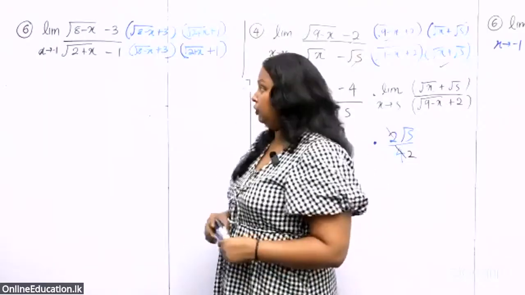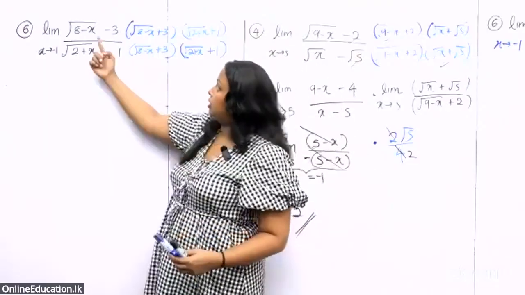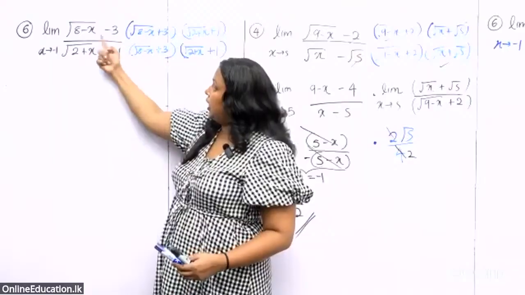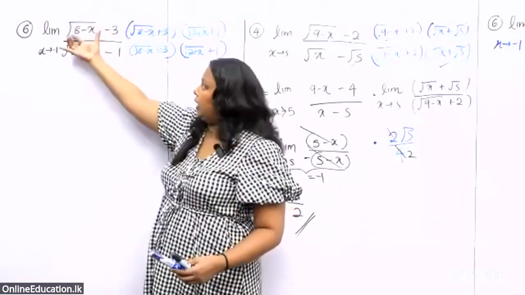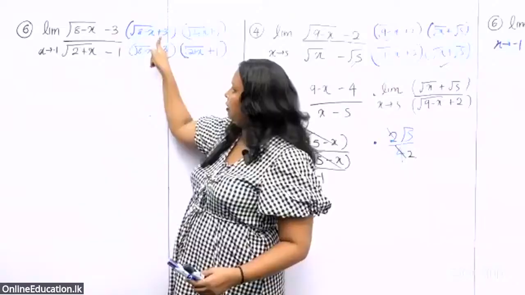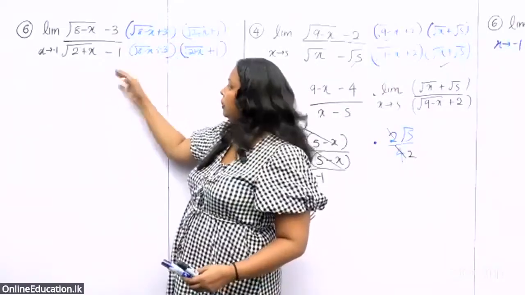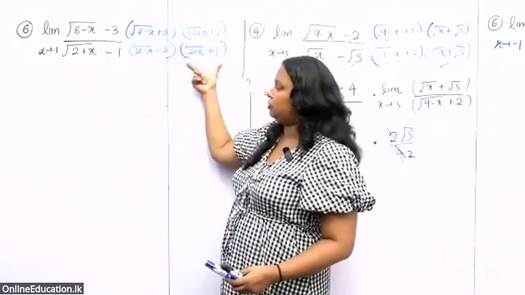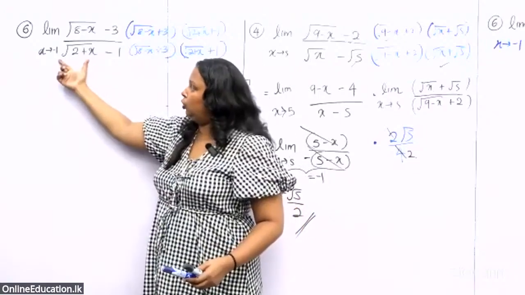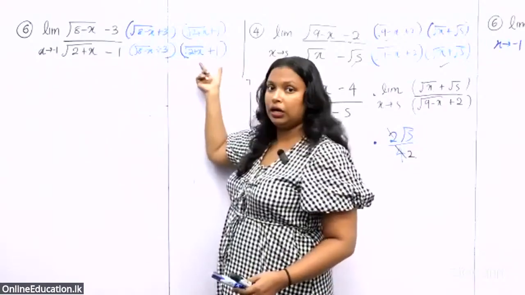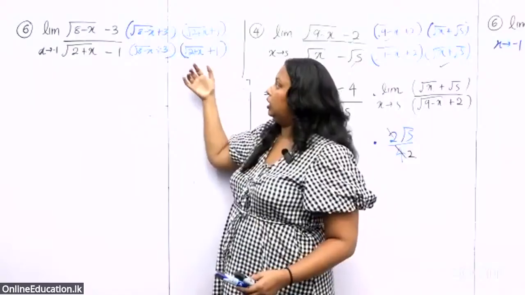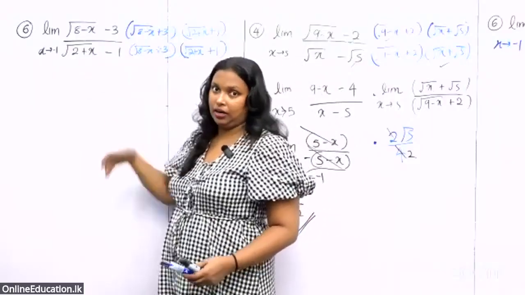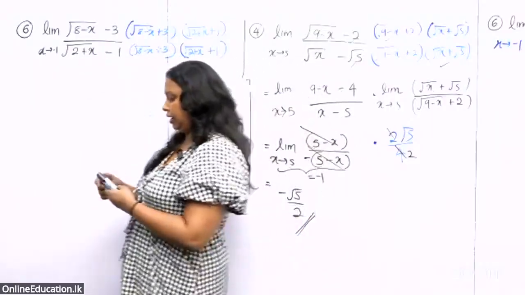Okay. Now you can pair these. See, this and this form a difference of two squares: a minus b, a plus b. And this pair also forms a difference of two squares: root 2 plus x minus 1, root 2 plus x plus 1. So first of all, we will write it like that.